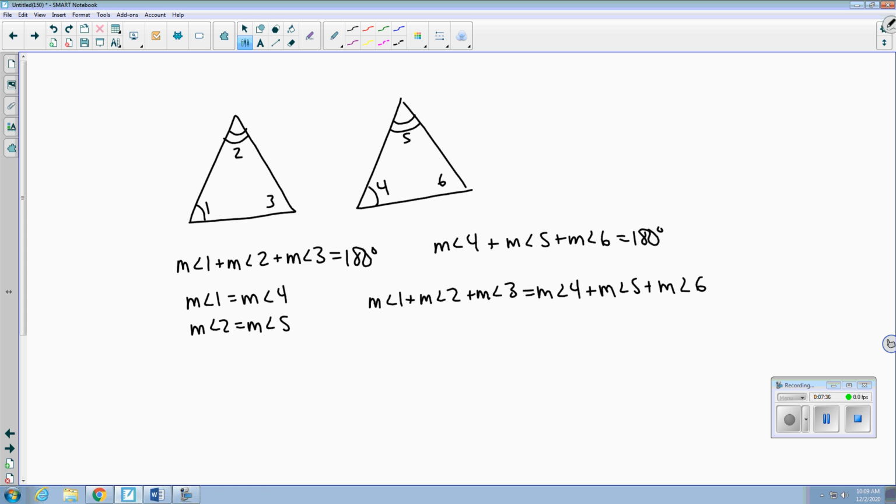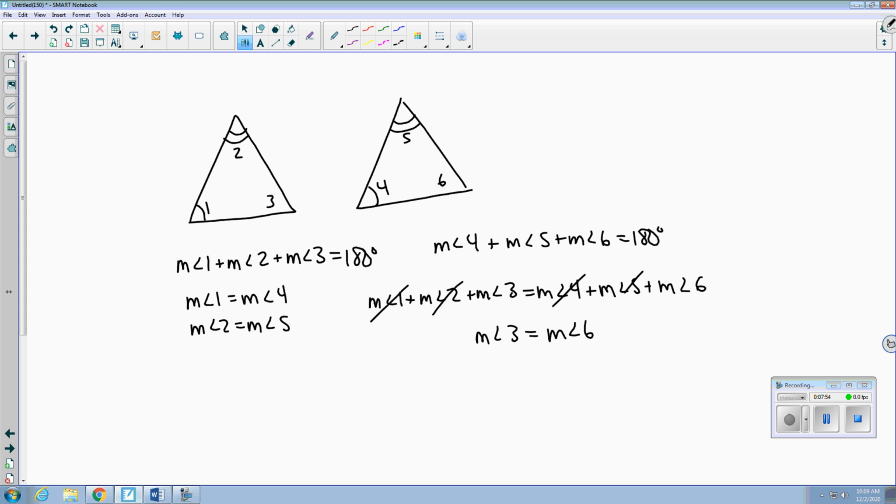And if 1 and 4 are the same, and 2 and 5 are the same, then subtracting 1 from both sides will cancel out 1 and 4. Subtracting 2 from both sides will cancel out 2 and 5. And what I'm left with, and what I discover, is that 3 has to be equal to 6.